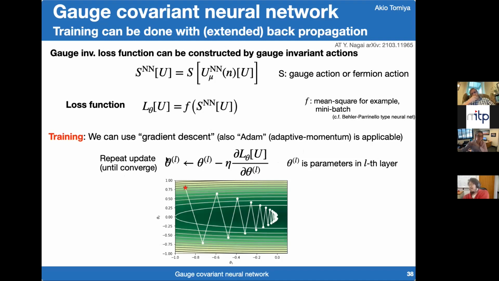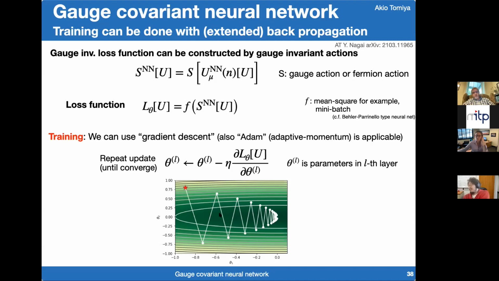This theta is the parameter in the l-th layer, the l-th step of the smearing. The parameter is updated by the derivative of the loss function with respect to theta. If we get this derivative, we can update theta, and then our weight converges to some minimum.